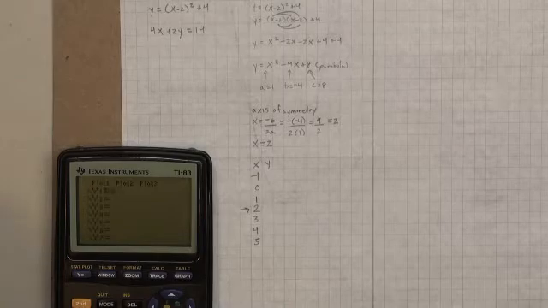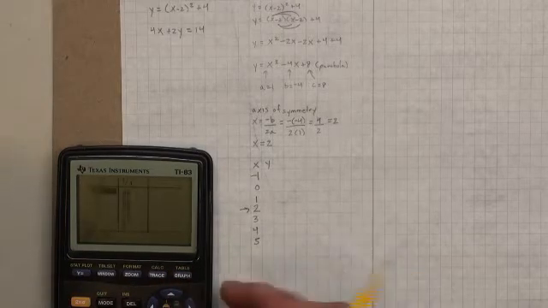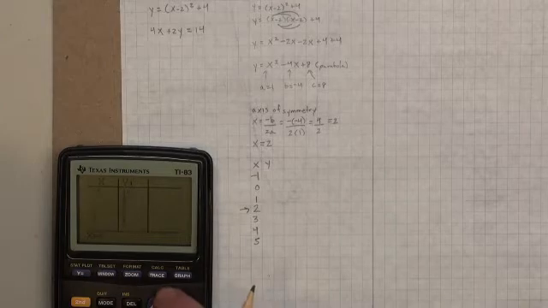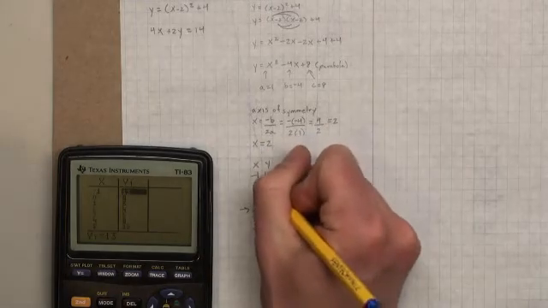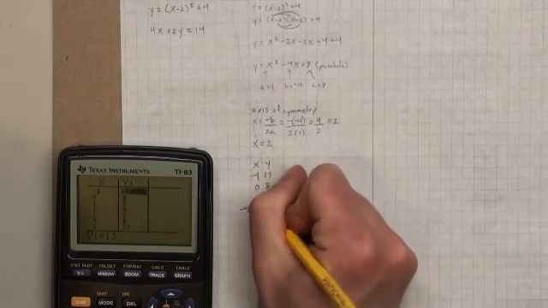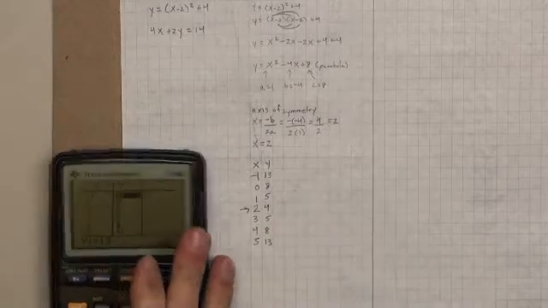So I have (x minus 2) squared plus 4. I go to my table, and for negative 1 at the top there, I got 13, 8, 5, 4, 5, 8, 13.